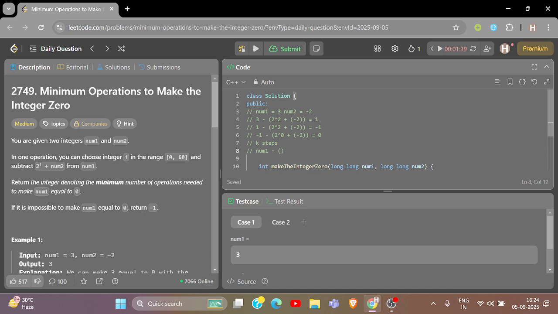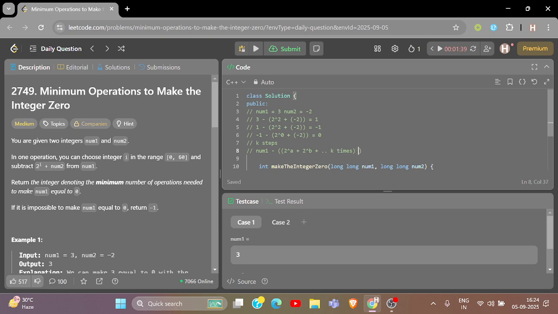So now in k steps, I could have taken a lot of powers of 2. So for example, it can be 2 to the power a plus 2 to the power b, and so on, k times. So I have to take k powers of 2 here because I have done the operation k times.